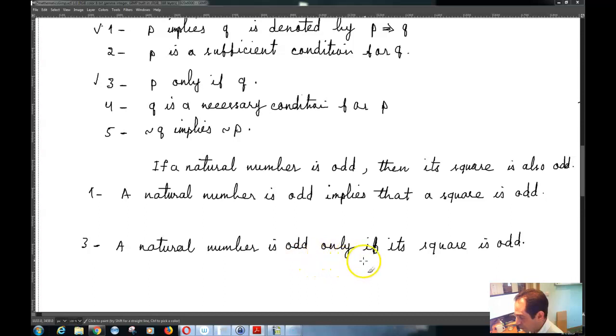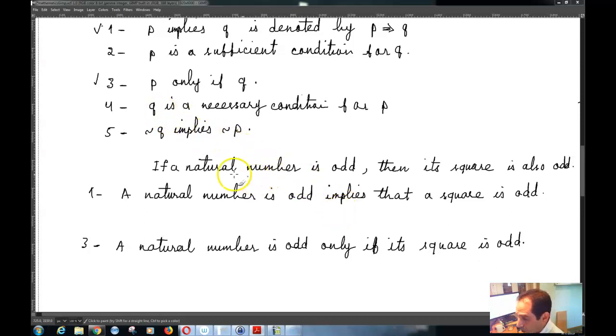You can make sense of this statement very cautiously, meaning that you can say that the natural number is odd only if its square is odd, but I'm not really sure exactly how I should make sense of this statement, so I just keep it as it is. Okay.